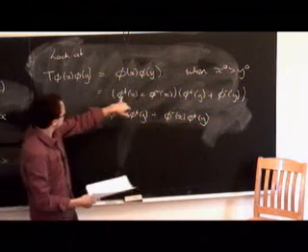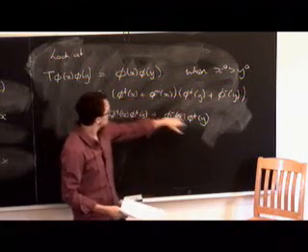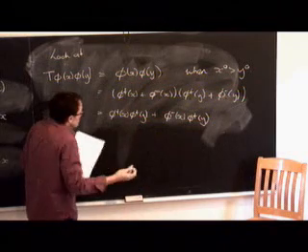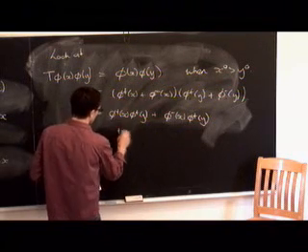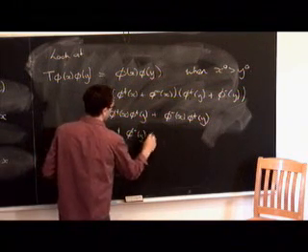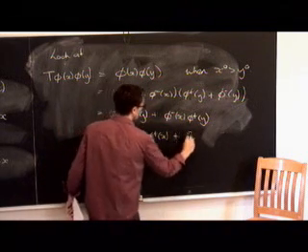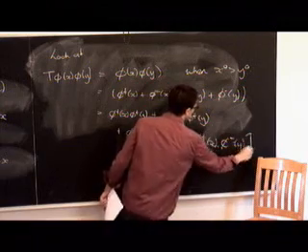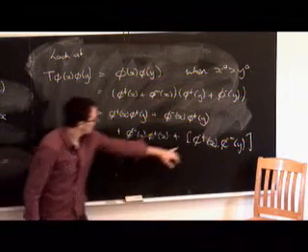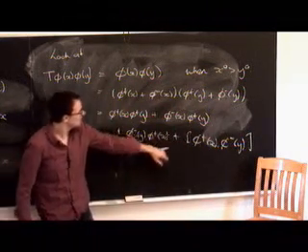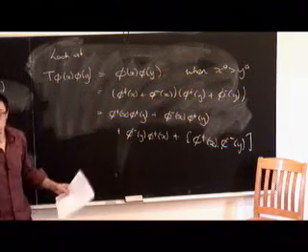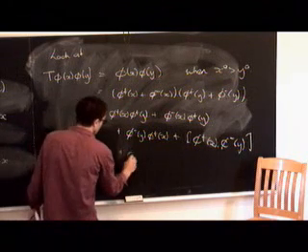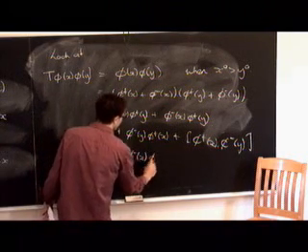The problematic term is this one, when the phi plus of x hits the phi minus of y. So let me rewrite this. It's trivially got the phi plus to the right: I'll have a phi minus of y, phi plus of x. But then I've got to add the commutator of phi plus of x, phi minus of y. So the minus term of this commutator cancels this, and what I'm left with is the honest term. And then finally, there's the term with no phi pluses, and you can't do much about that, so that's just phi minus of x, phi minus of y.